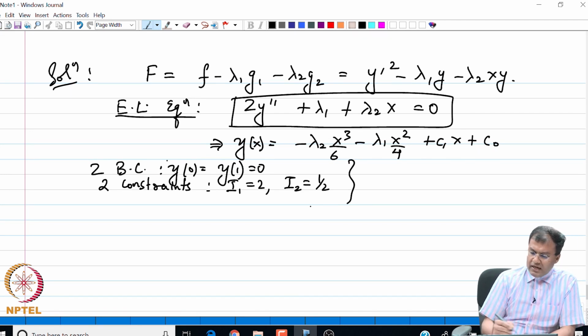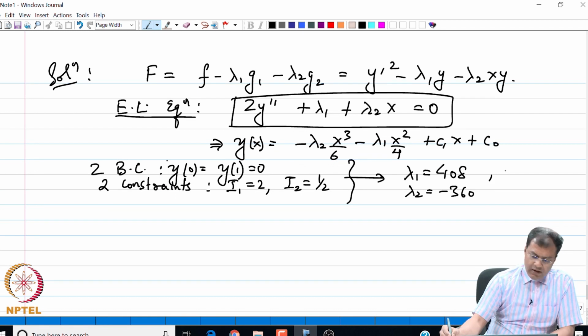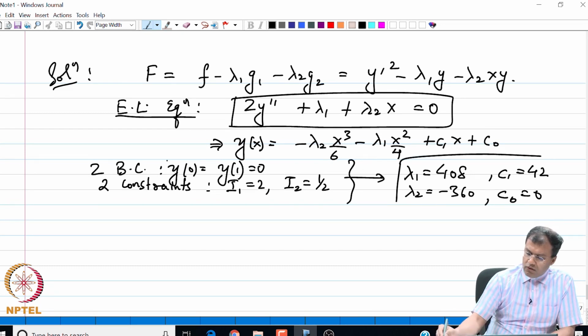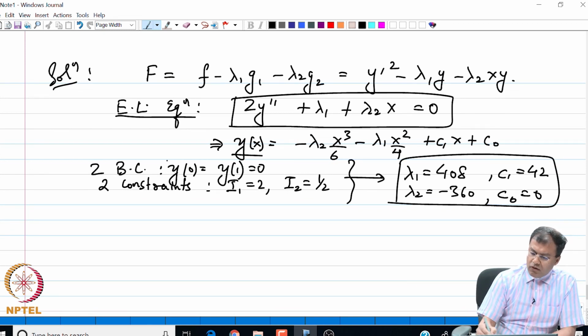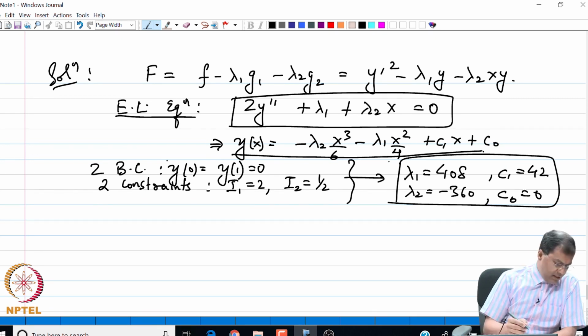So, from these 4 conditions I can readily find the 4 constants of integration as well as the Lagrange constants. Students can directly check that we get the answer as follows. We get C1 equal to this and C0 is 0. Okay. So, that completes the solution to this problem, where the extremal is given by this underlined equation.